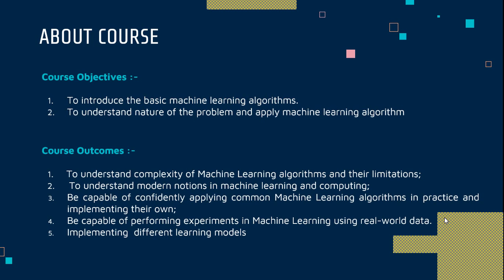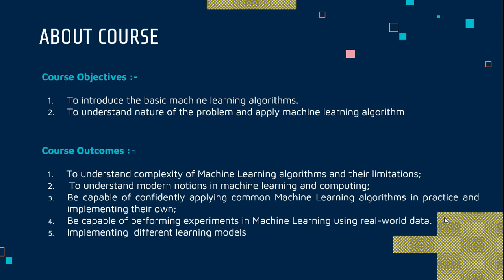During this course, we can find out what the limitations and advantages of a particular algorithm are, and if there are limitations, how we can move ahead past them, and which algorithm is suitable for which problem. So during this course, you can also understand which algorithm you have to implement to get the best output.